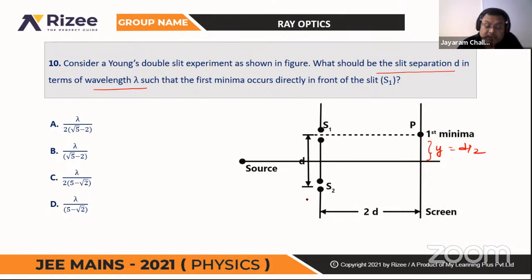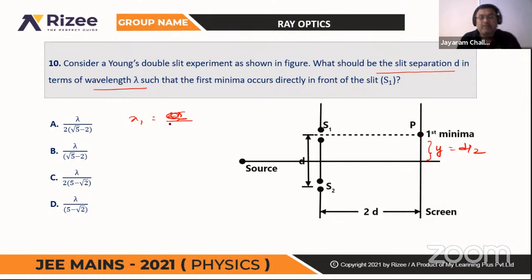So now what is the path traveled by the first light, x1 or x2 or whatever it may be, just identify that particular thing. Please note down that this distance is going to be D by 2 here. So from S1, the distance traveled is going to be x1.